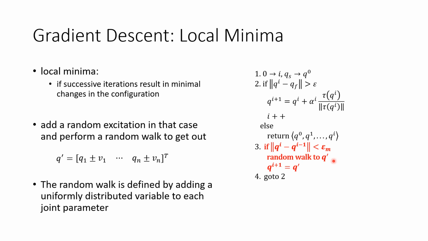That random walk is quite simple to plan. You add a random excitation to the previous configuration, just like the one being shown here, where you have V1, V2, all the way to Vn added randomly, thus generating Q prime, which is a random configuration in the vicinity of the previous configuration.